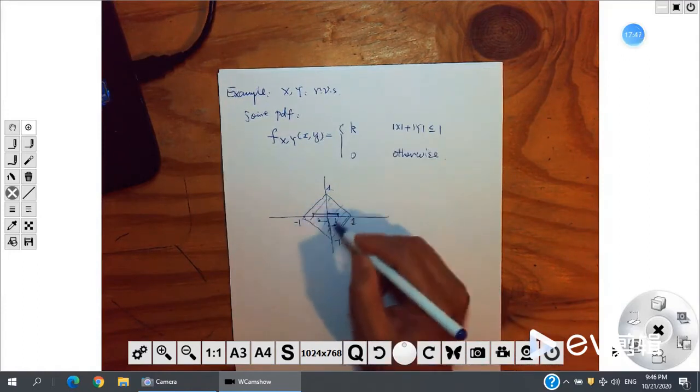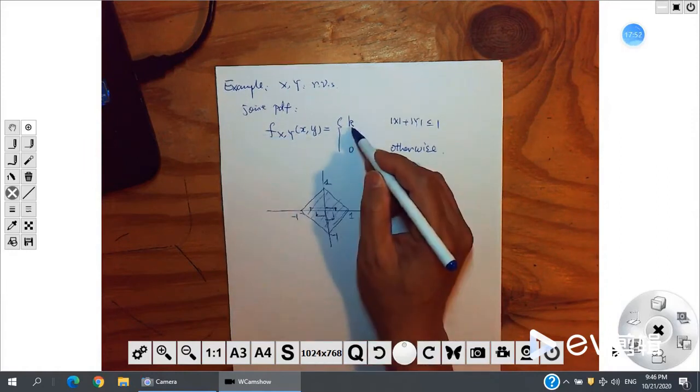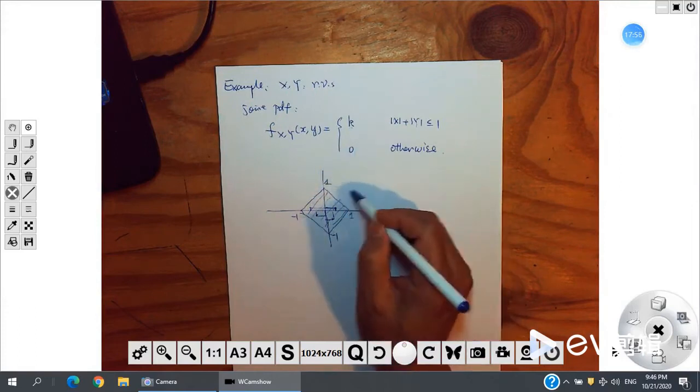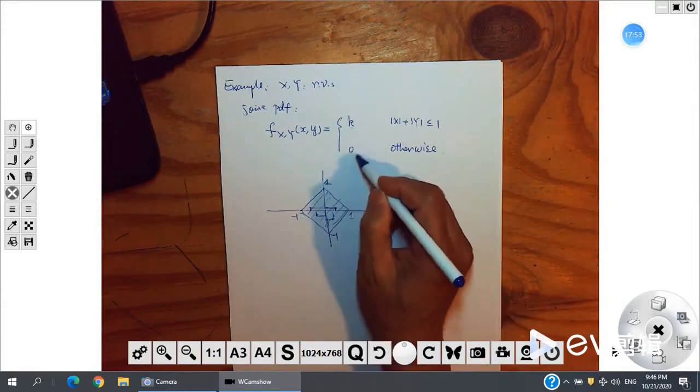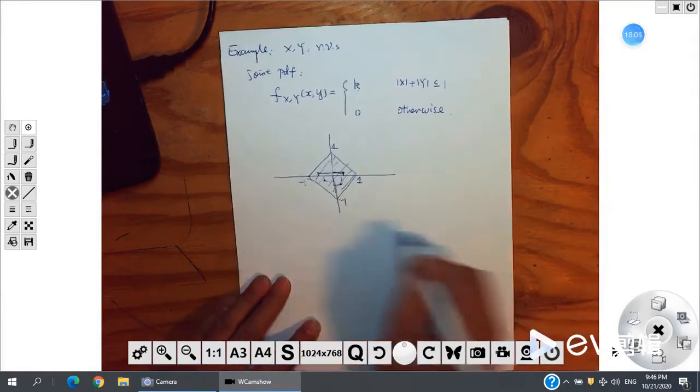In this area the density function has a non-zero value k, and outside this area the PDF has 0 as its value.